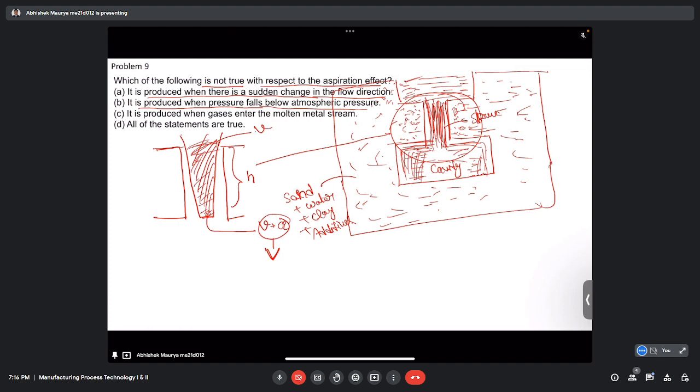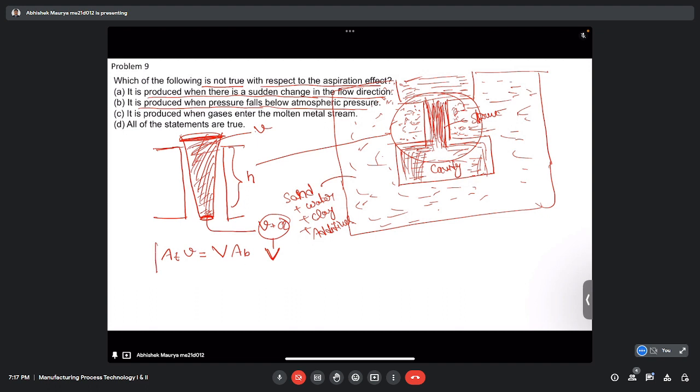Again, if you use your continuity equation, and calculate the cross section area of the flow here and the cross section of the flow there, you can write: the area at the top times the velocity v is equal to the velocity at the bottom times the area at the bottom.